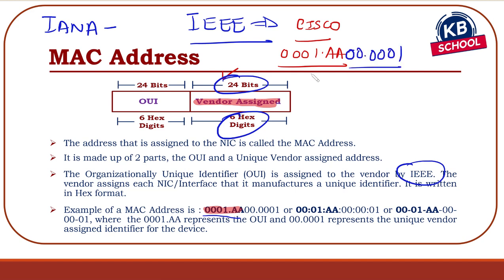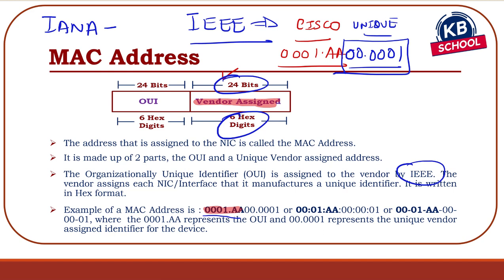So Cisco makes sure this part is a unique identifier so 2 NICs don't have the same MAC address. IEEE is responsible for the first 6 hex digits. Cisco is responsible for the next 6 hex digits. So the total number of hex digits in a MAC address is 12.